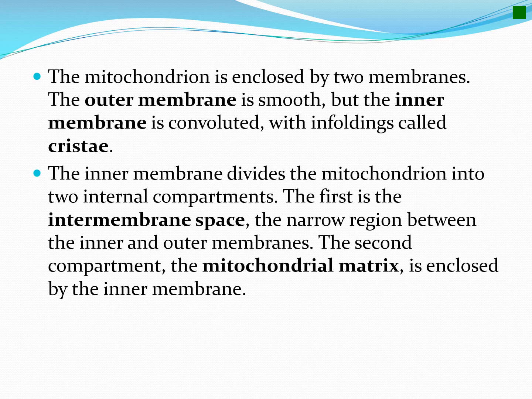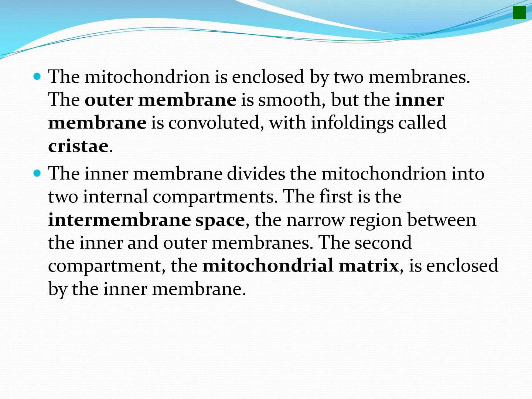The mitochondrion is enclosed by two membranes. The outer membrane is smooth, but the inner membrane is convoluted with enfoldings called cristae. Remember, we say one mitochondrion and many mitochondria. One crista and many cristae.